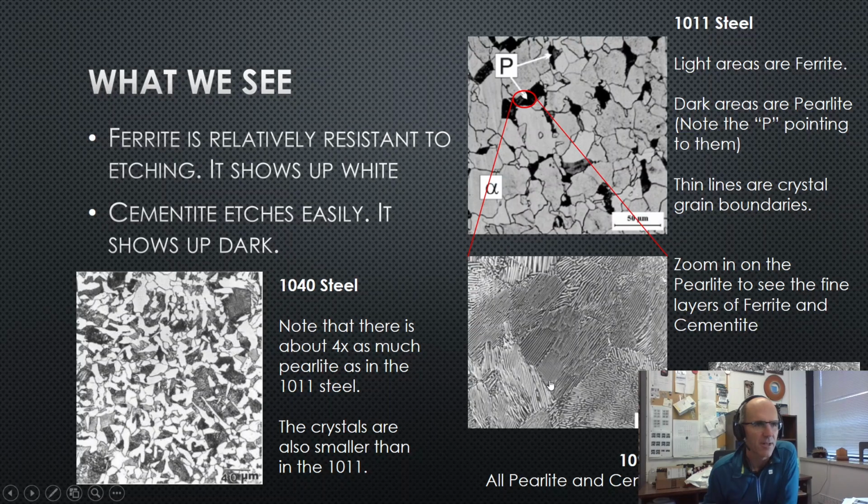The dark lines are cementite, and the white lines in between are your ferrite. And this crystal right here is a pearlite structure because it's a mix of ferrite and cementite.